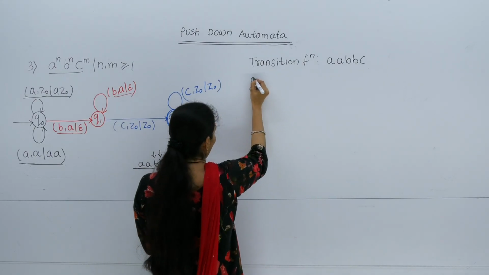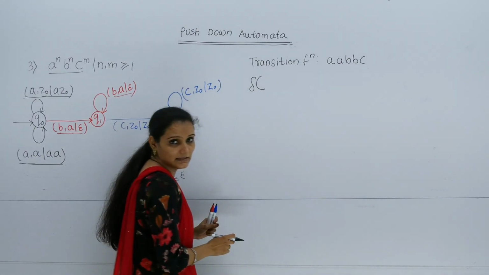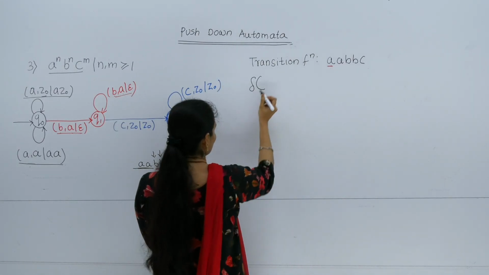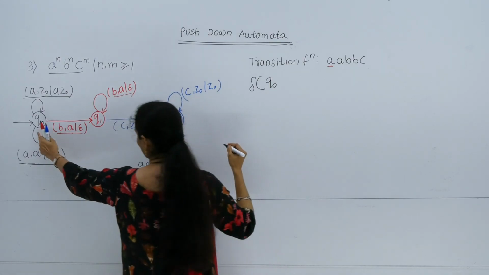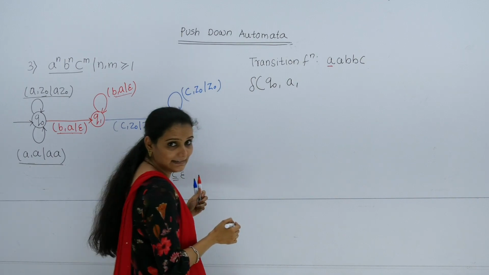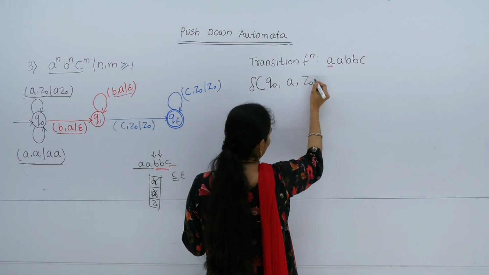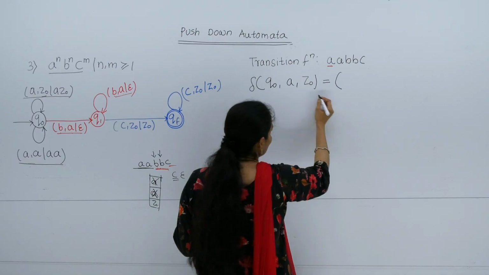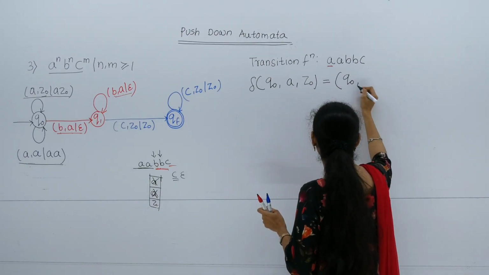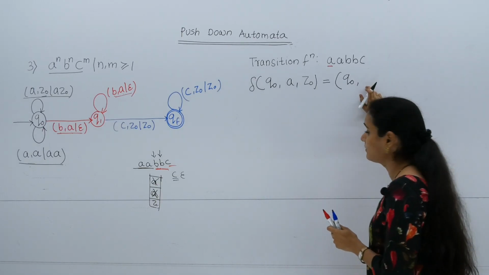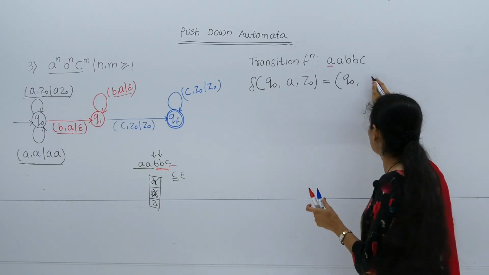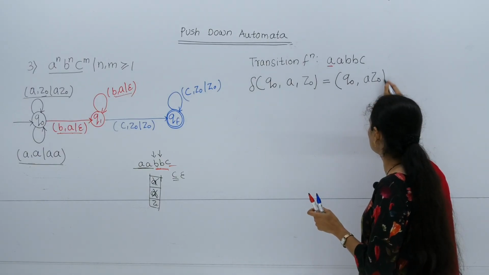So delta, the first symbol to be read is A. Q0 is my initial state, the input to be read is A, and at that time the top of the stack is Z0. The next state we are reaching is Q0 itself, and here the stack contents we are writing may be A Z0.